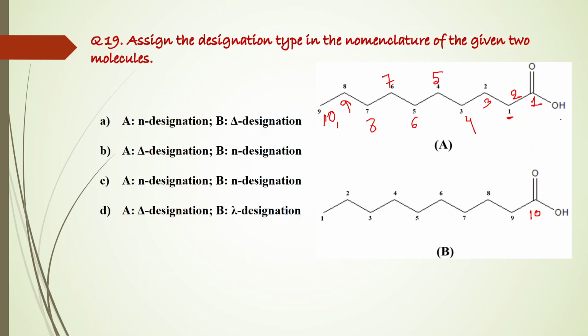So in case of A, as we are starting from the COOH site, A should be our delta designation, and B, as we are starting away from the COOH group, B should be our N designation. So the correct option here should be A delta and B N designation. Okay.